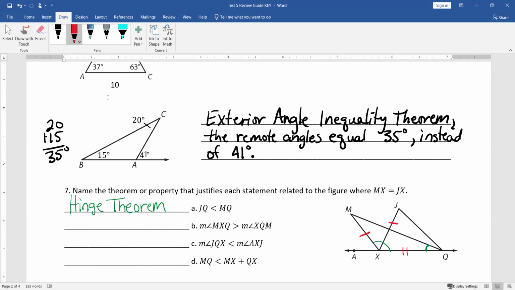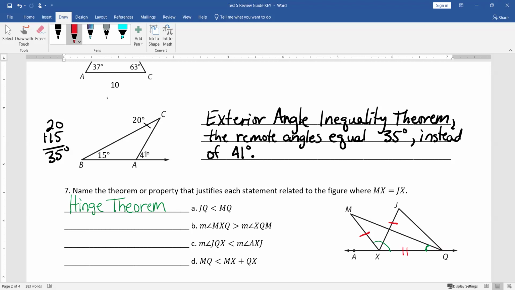And measurement MXQ, XQM. Let's see. Did I mark it right? XQM. So what do we know about these angles?